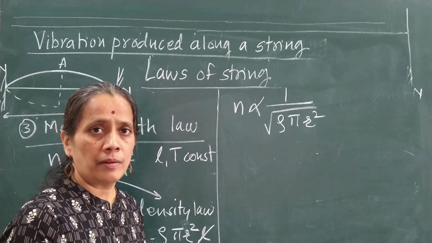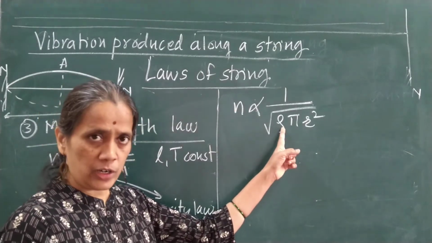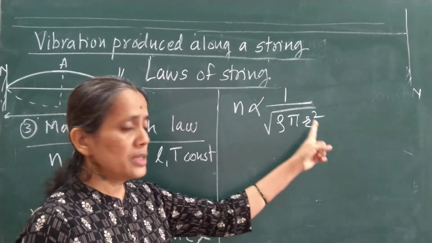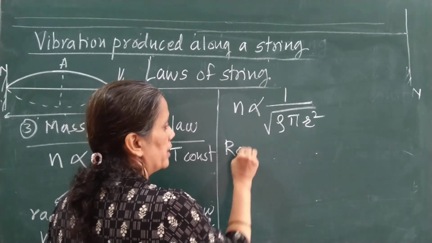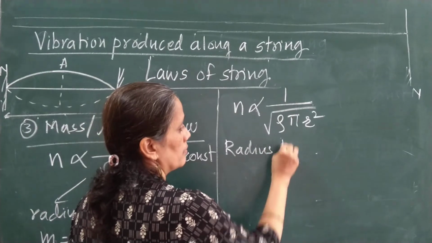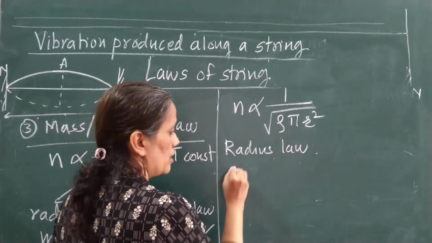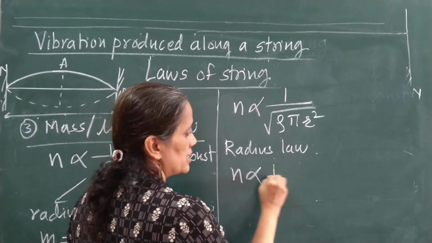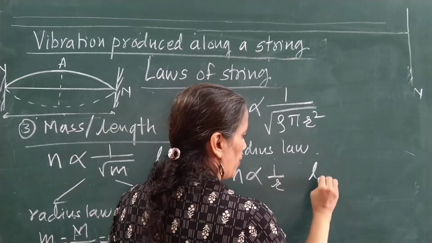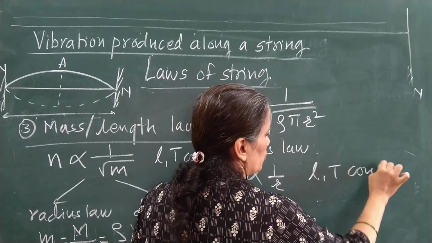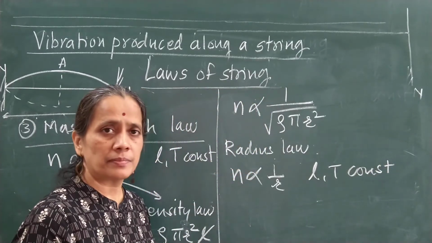Means your frequency is dependent on density, and frequency is dependent on radius. Now if I want to write down the radius law, I will say that frequency is inversely proportional to R, provided that vibrating length and tension remain constant.